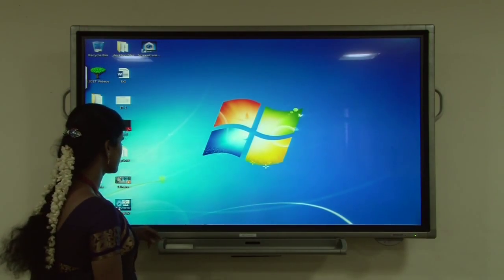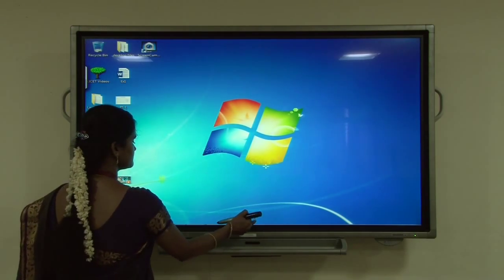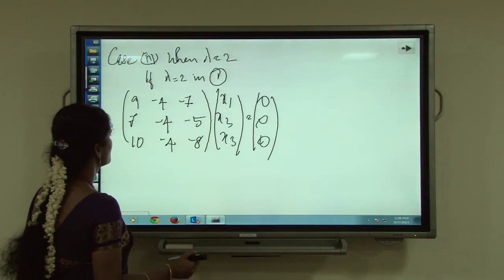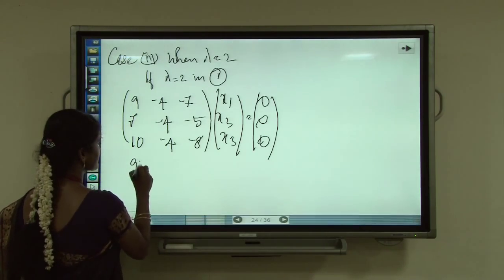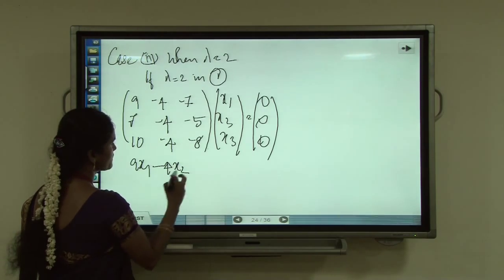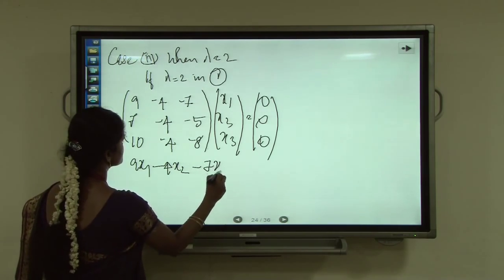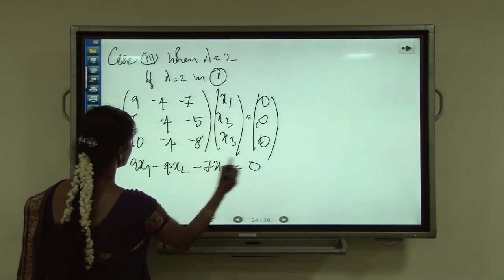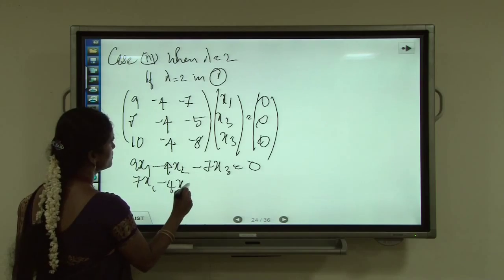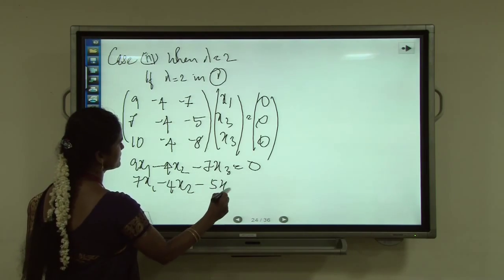Again, as we are solving this by cross rule multiplication, writing it in the equation form, 9x1 minus 4x2 minus 7x3 is equal to 0. Now this is 7x1 minus 4x2 minus 5x3 is equal to 0.